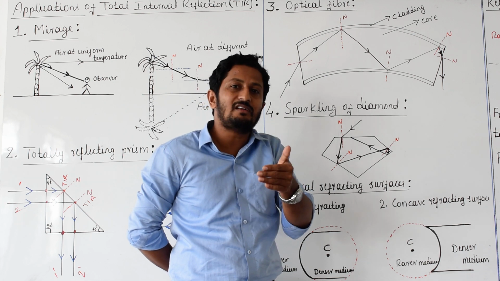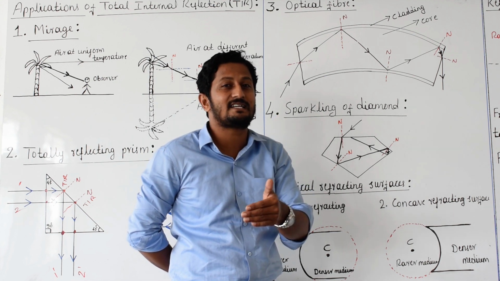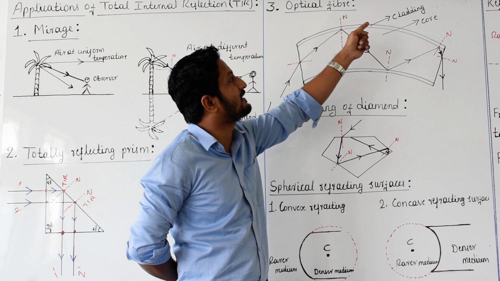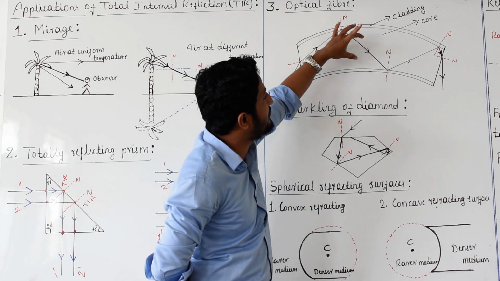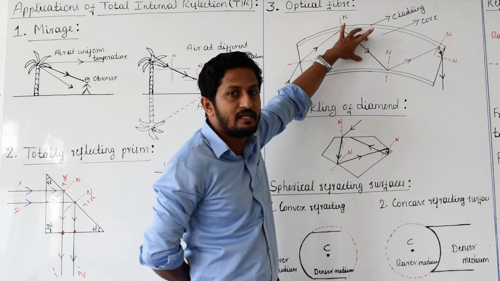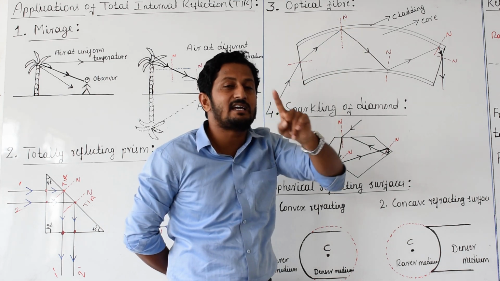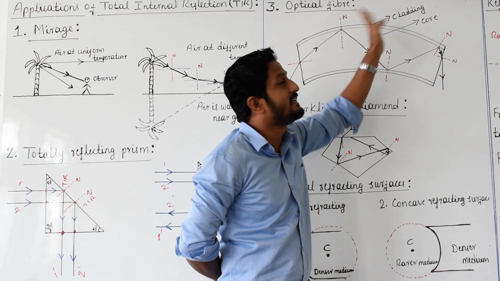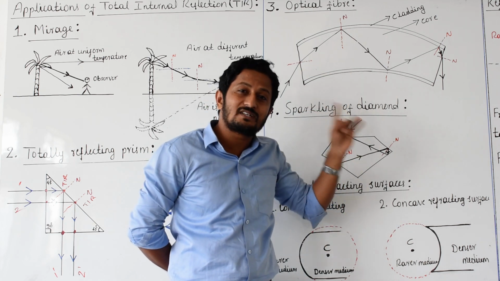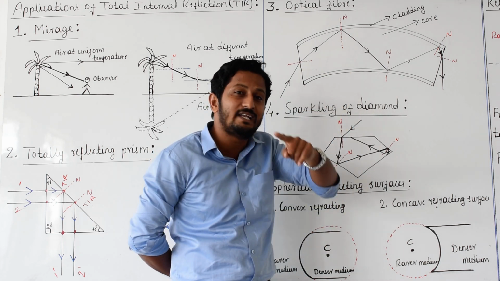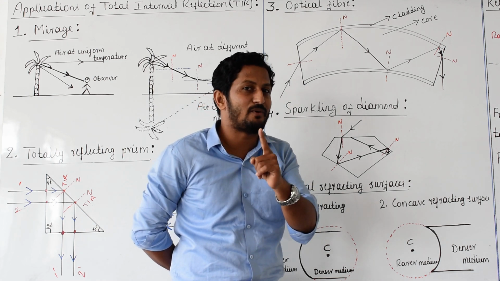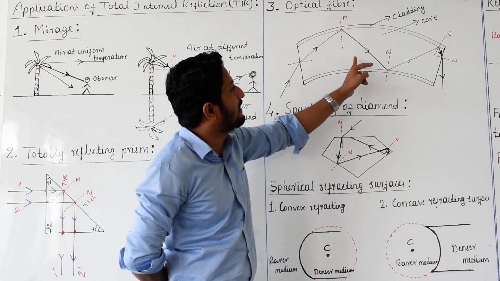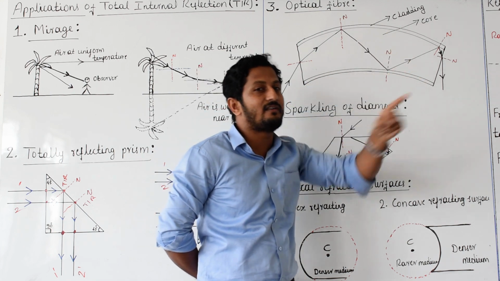It has a higher refractive index than the cladding medium. I mean the refractive index of the core is greater than the refractive index of the cladding. Because of this arrangement only, TIR is going to take place inside it. This is very important. Have you understood? RI of core is greater than RI of cladding.